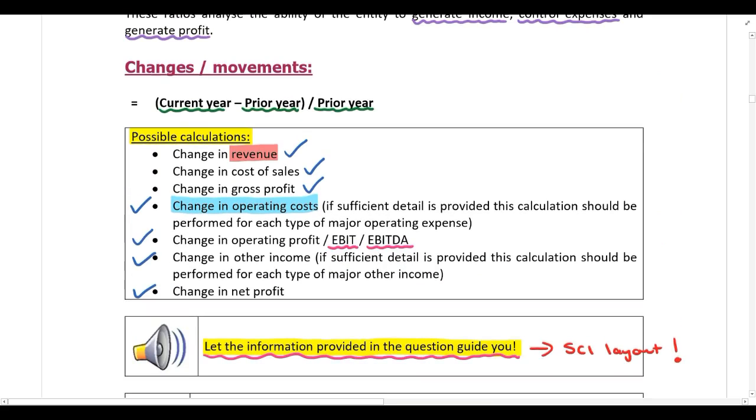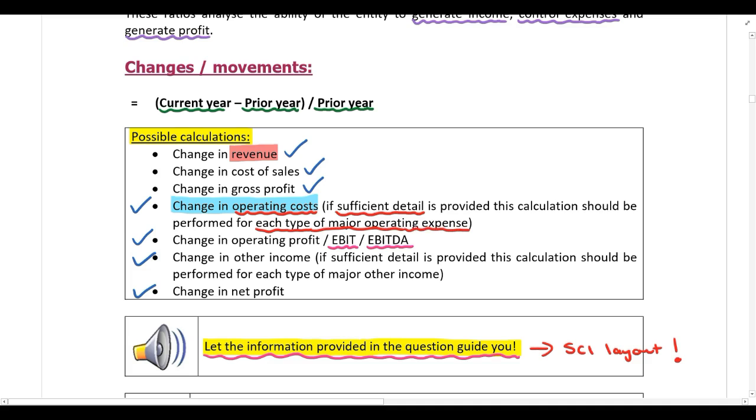And then one other thing before we go back to our lecture example, you'll see here when calculating the change in operating costs, if you have sufficient detail, this calculation should be performed for each type of major operating expense.